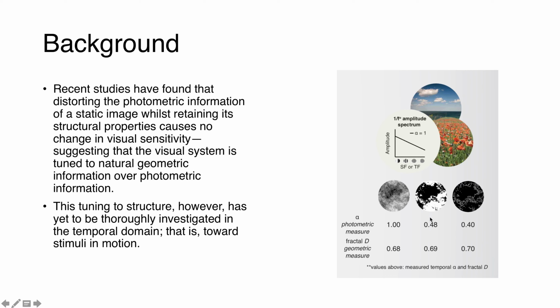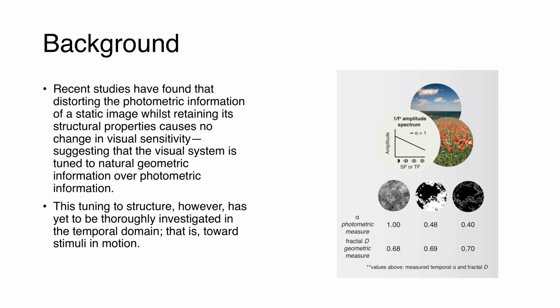If you measured the amplitude spectra across these 3 image types, they would be vastly different, but if you measured their structure using fractal dimension, it would be very similar. Basically, what has been found in the past is that these 3 images give you the same sensitivity measures. One way to test this in the temporal domain is by using random noise movies.